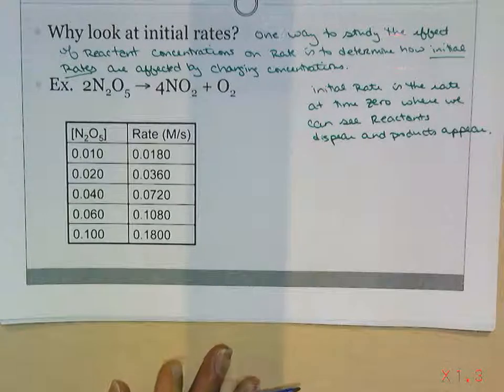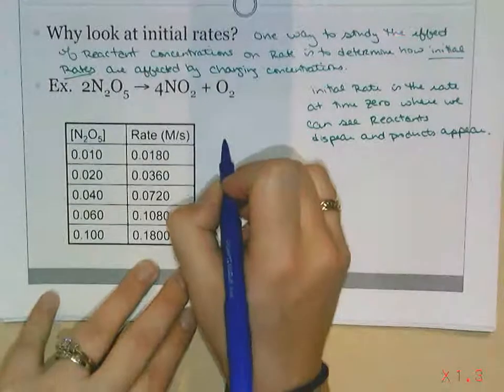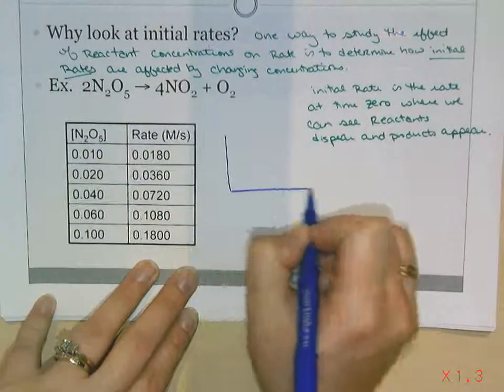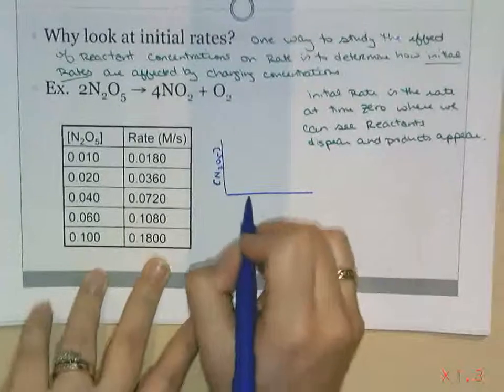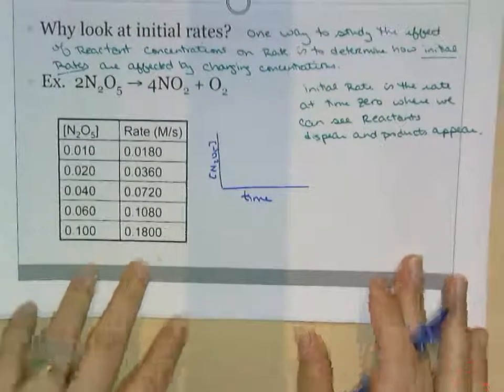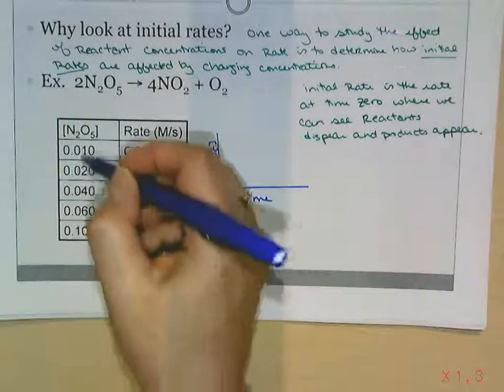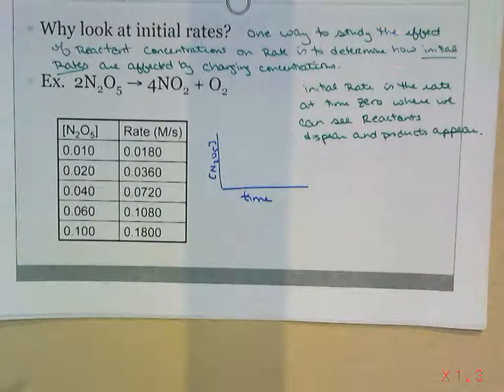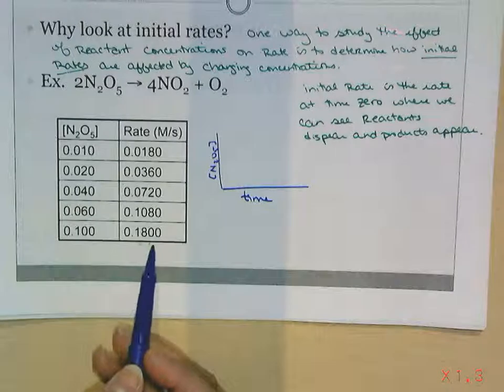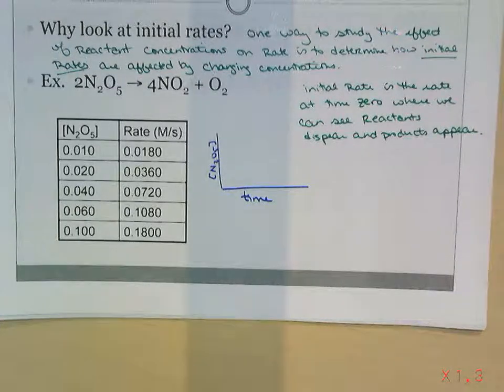Now, if we wanted to graph it like we had before, right, concentration over here, how fast the reaction proceeds over here. What happens if I add more N2O5? What happens to the rate?